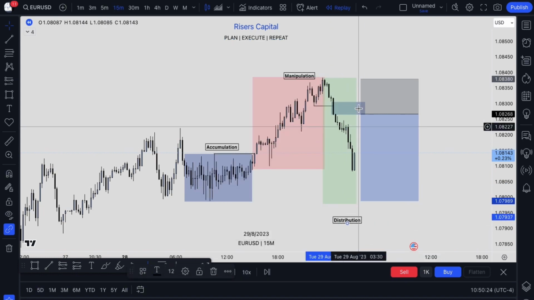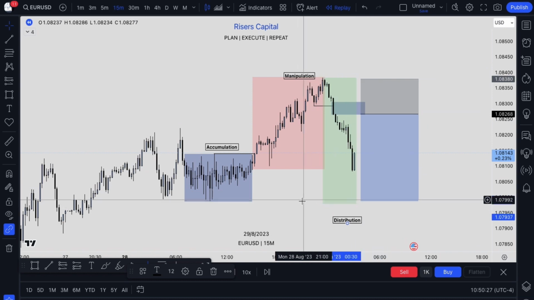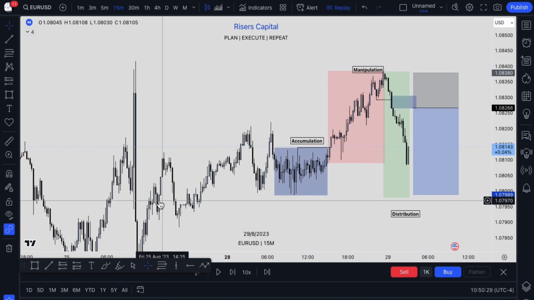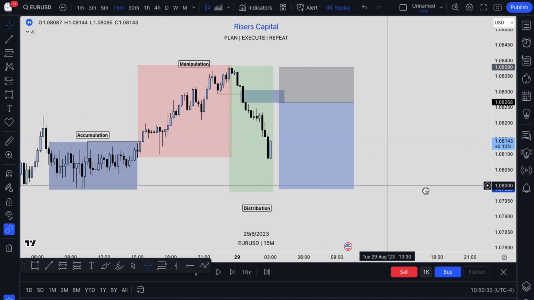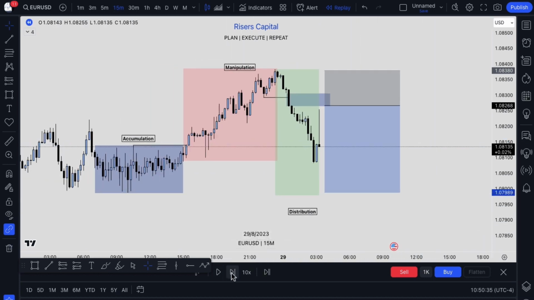Of course we want to be getting in on the distribution. We want to have a piece of the pie before it gets to this low or these lows over here. Okay, so we're going short over here, and let's see what price does.